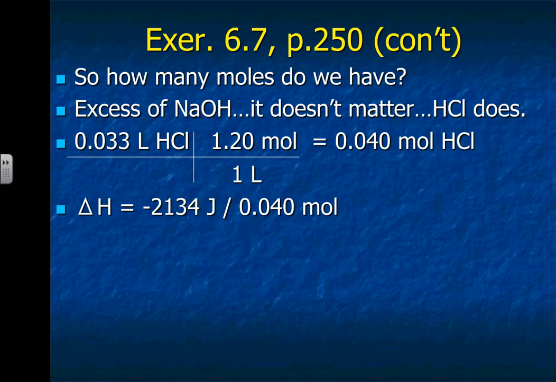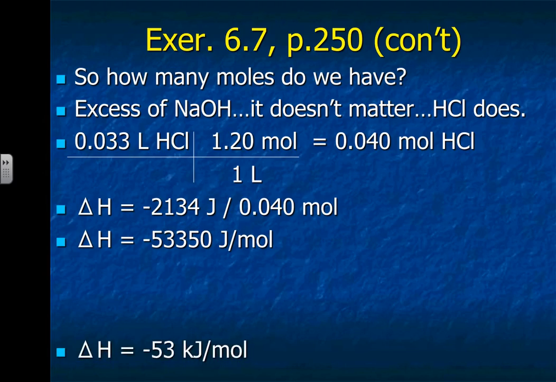Well, I want it for 1 mole. So what I need to do is do that math. Simply do the division. Negative 2134 divided by 0.040 gives me negative 53,350 joules per mole.